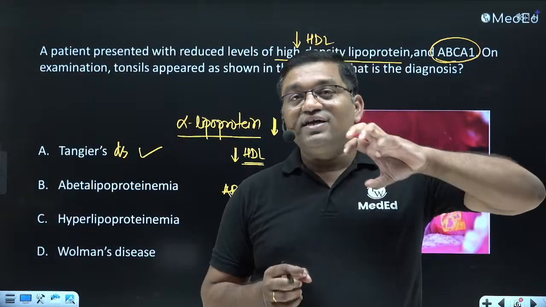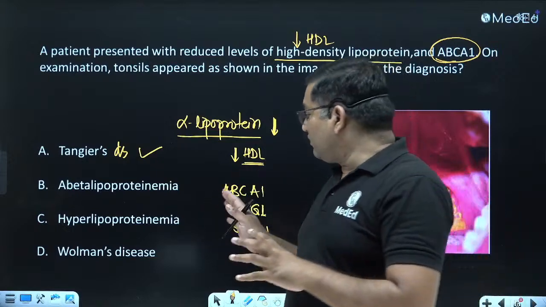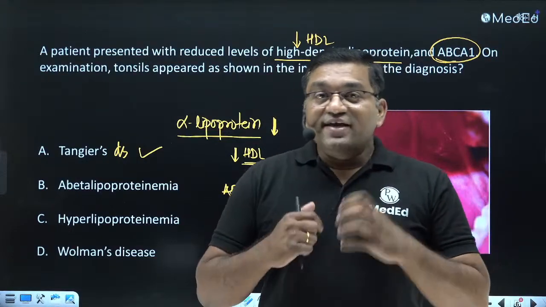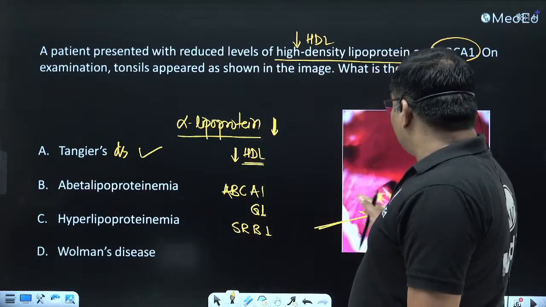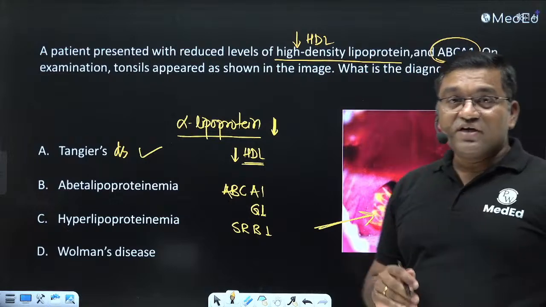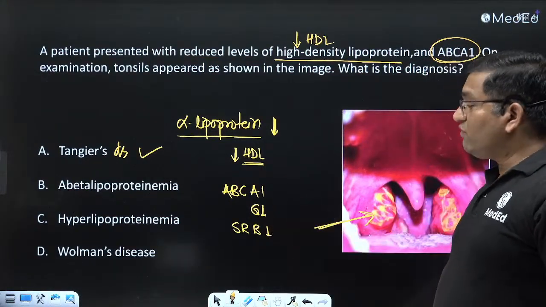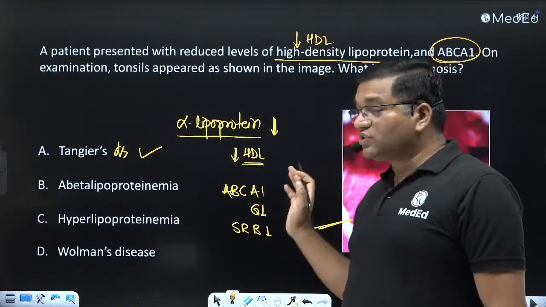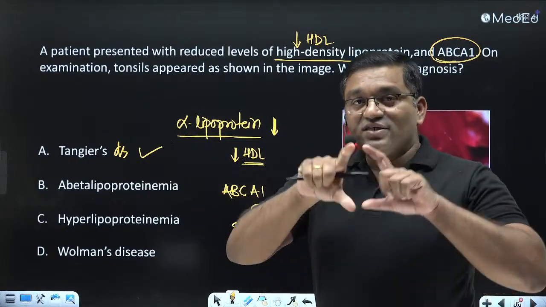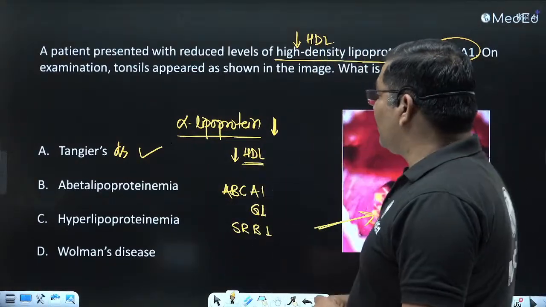Nascent discoidal HDL is converted into spherical HDL by the action of ABCA1, ABCG1 and scavenger receptor B1. These are responsible for transport of cholesterol to the HDL.